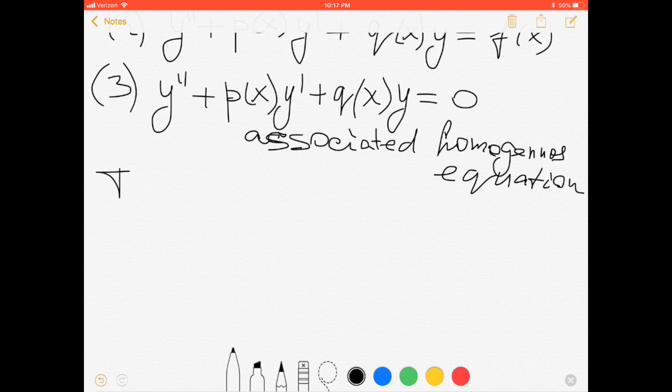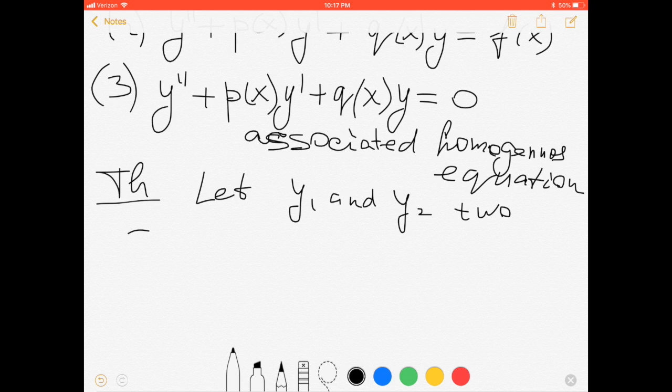And now we have some theorem. It tells us, let functions y1 and y2 be solutions of equation 3.